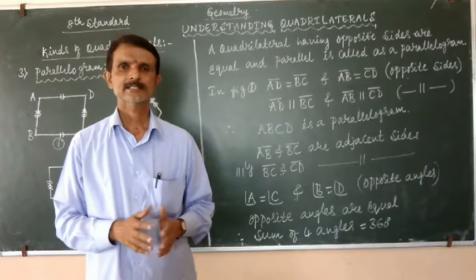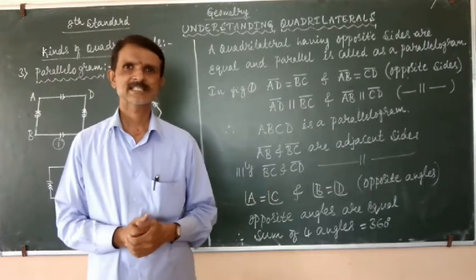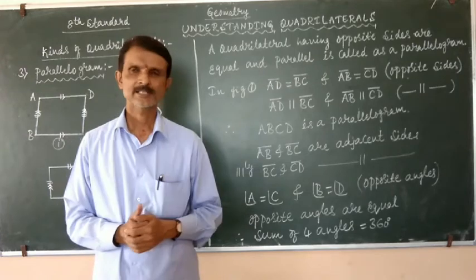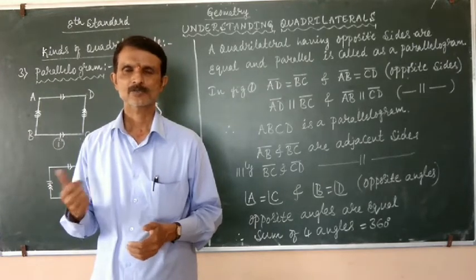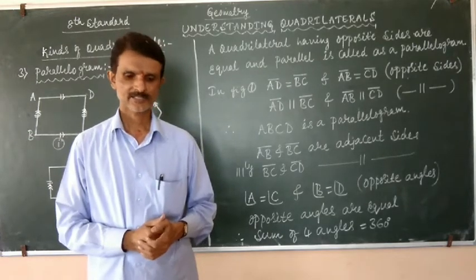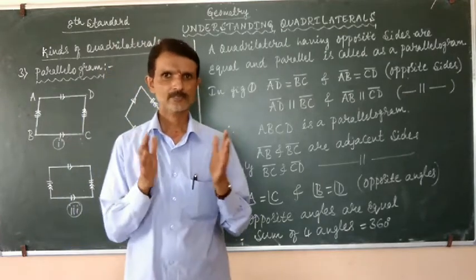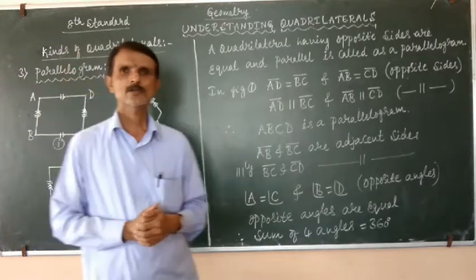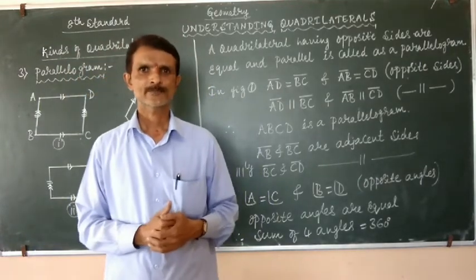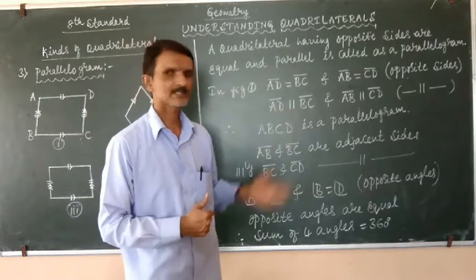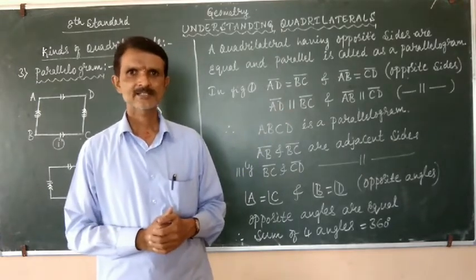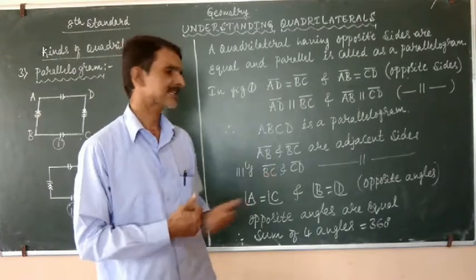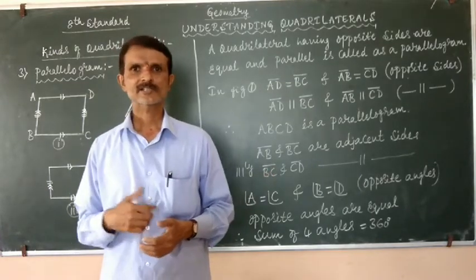The third property is the sum of all four angles of the parallelogram is equal to 360 degrees. So if you are given a parallelogram, you are able to write which are the opposite sides, which are the adjacent sides, which are the opposite angles and which are the adjacent angles.